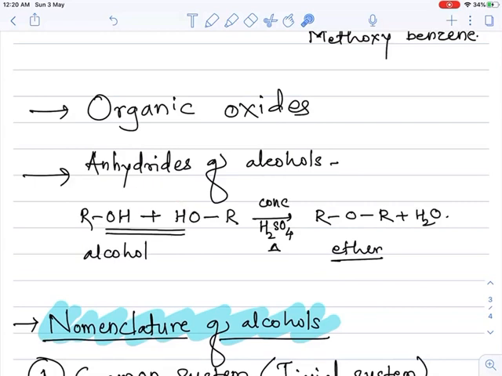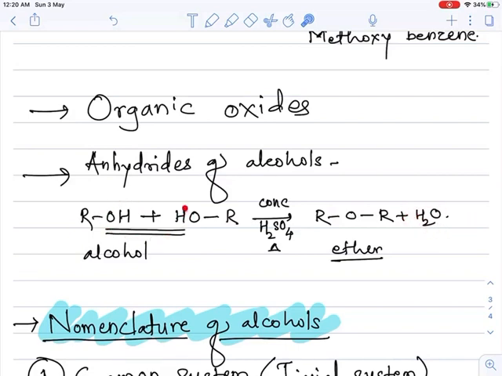Removal of the water molecule takes place by using a dehydrating agent like concentrated H2SO4, and it is heated, then it gives ROR, that is ether, plus H2O is removed, so we can write here plus H2O.